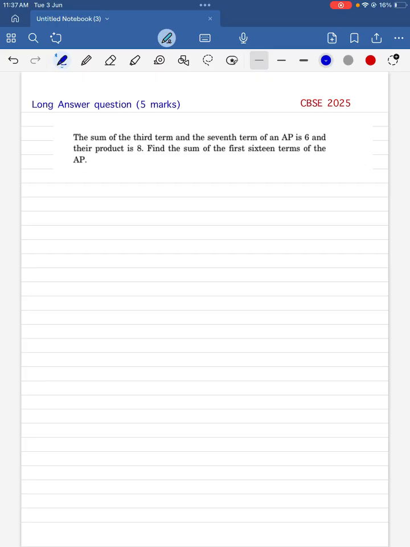So they've given in the question that the sum of the third term and the seventh term of the AP is 6. So that is A3 plus A7 is equal to 6. Now I know the formula to find the nth term of an AP. It's An equal to a plus (n minus 1) into d, using which I'll find the value of A3.